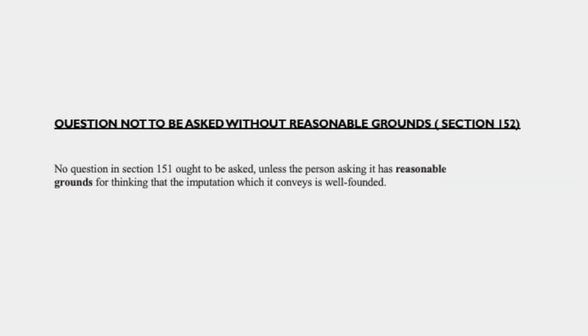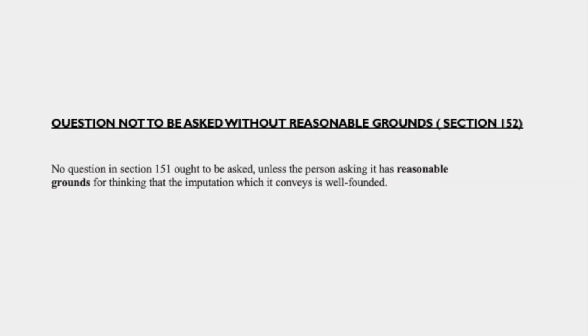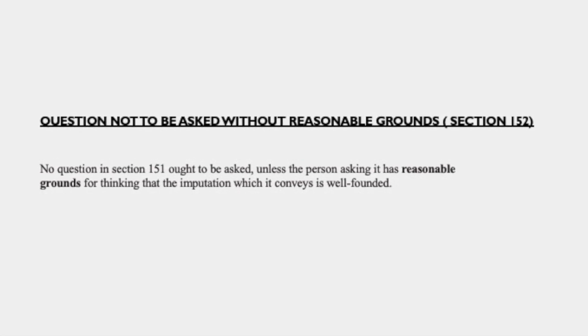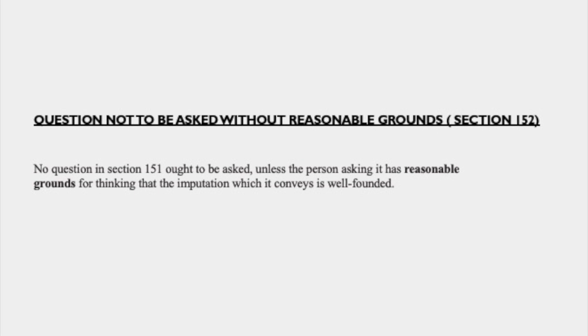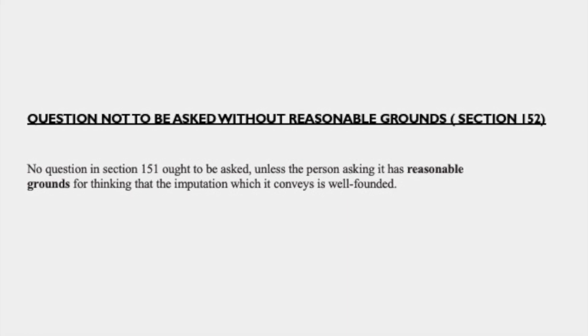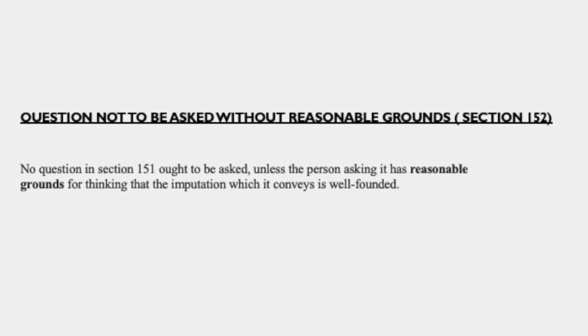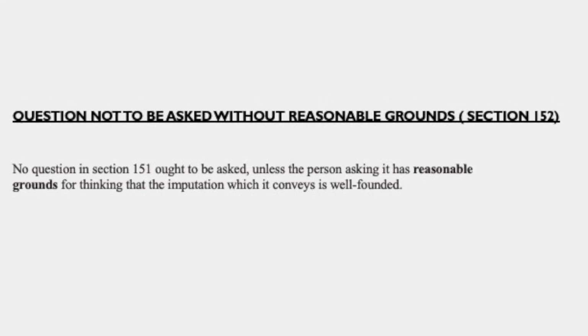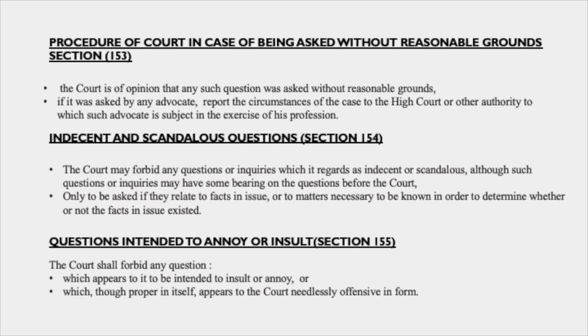The next provision that we are dealing with is questions not to be asked without reasonable grounds. So any question that is being asked in the previous section should be asked only where there are reasonable grounds for the accusation that is being made. The next provision we are dealing with is the procedure of court in case of questions being asked without reasonable grounds.